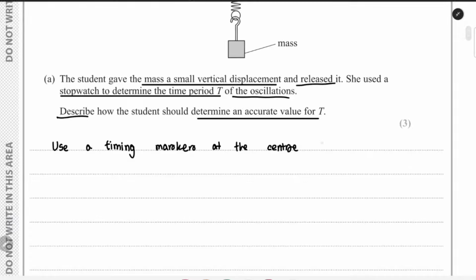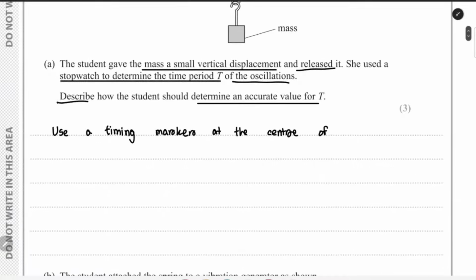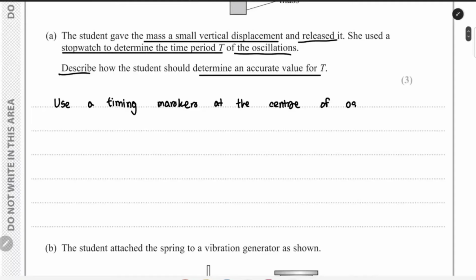And we'll ignore the first few oscillations as well.